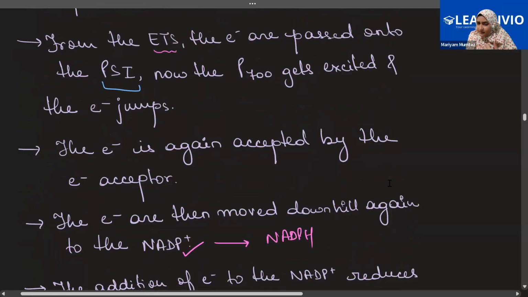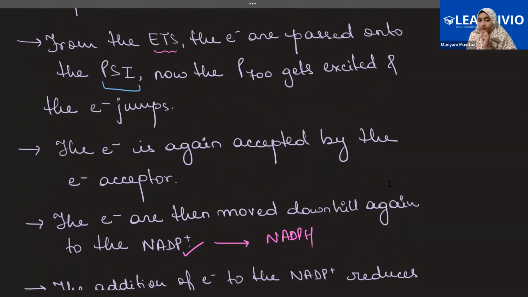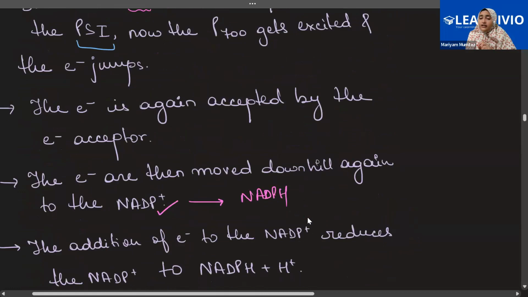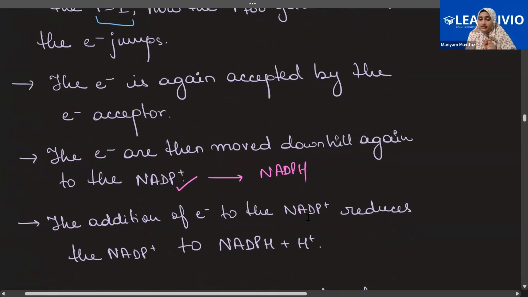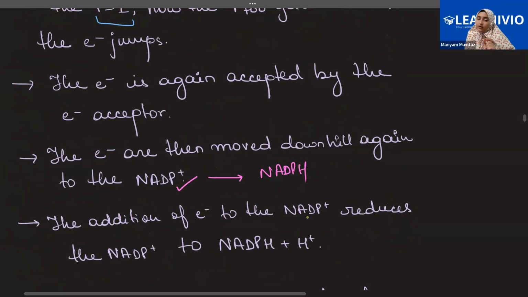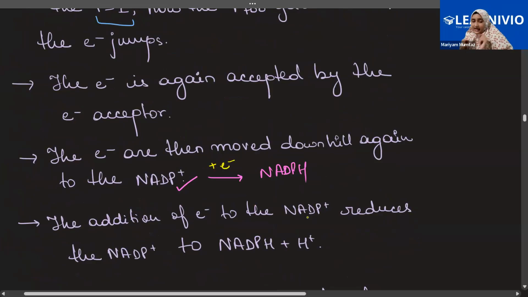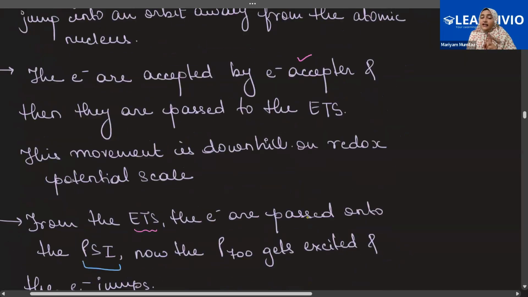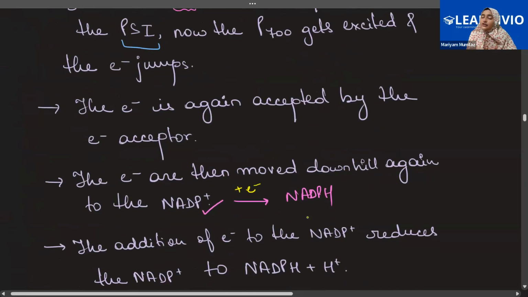And then NADPH, NADP plus, ATP, all of these molecules are formed. The electrons are then moved downhill again to NADP plus, meaning whenever electrons are added to NADP plus, it forms NADPH. The addition of electrons to NADP plus reduces it and forms NADPH. So non-cyclic photophosphorylation, is it clear to you all?